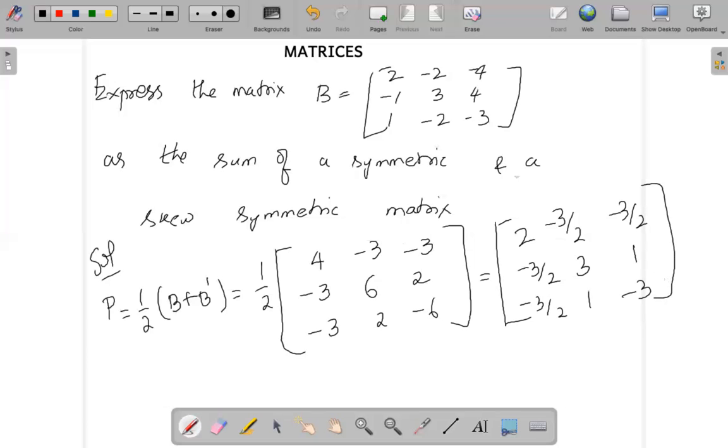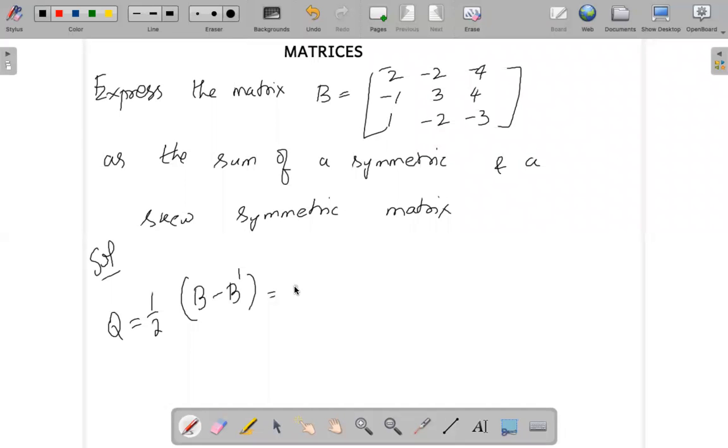Let us look at the next result. So let us find this, Q. So half into B minus B prime. First one will be 2 minus 2, which is 0. Next minus 1, and next will be minus 5, right?